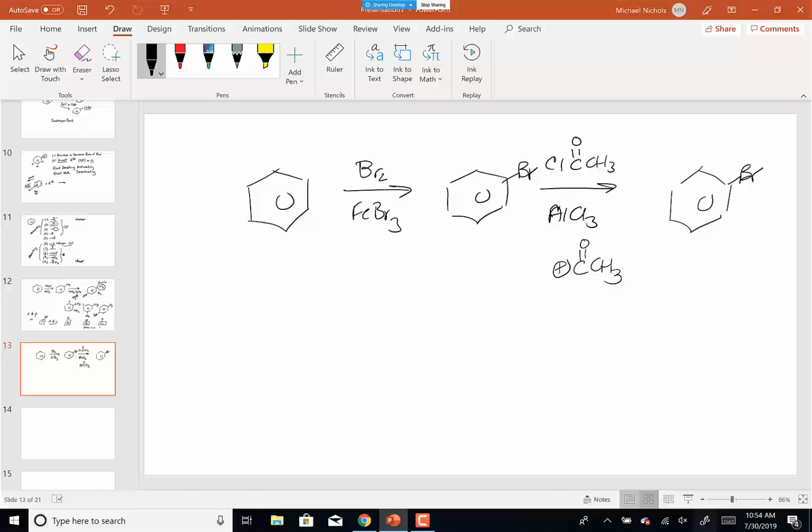It's going to go ortho and para. So I'm going to get the ortho addition for the ortho product, and then I'm going to get the para product. And again, I'm going to ask you to write both products, although we would expect to get more para product than ortho. But we're going to get ortho and para products. We're going to get no meta.